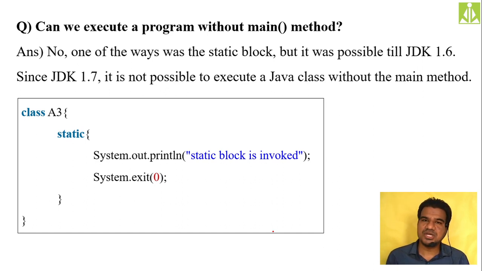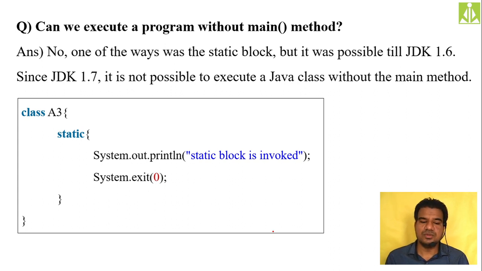If your Java version is an outdated version like 1.5, 1.6 or older, then you can execute your Java program without using a main method. But in the advanced versions of Java, after JDK 1.6, that is from 1.7, it is not possible to execute a Java program without the main method.